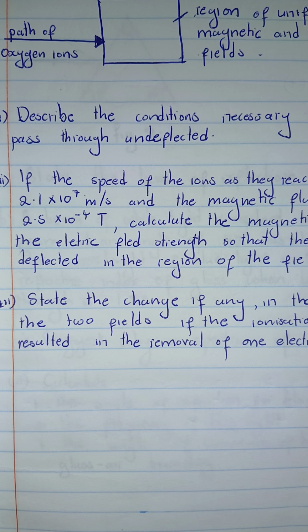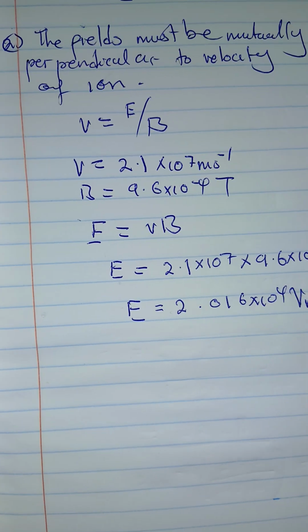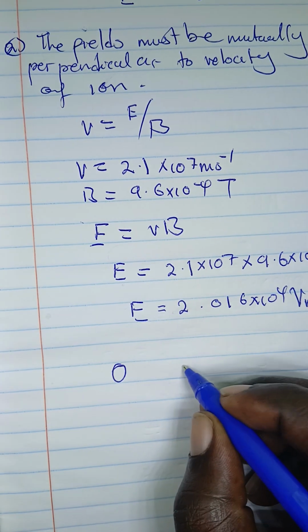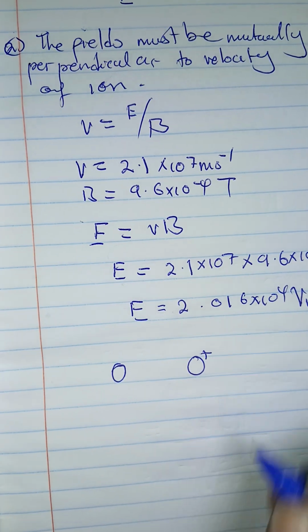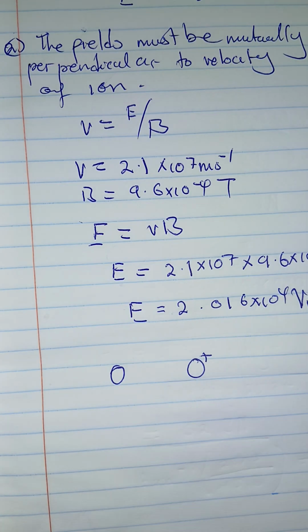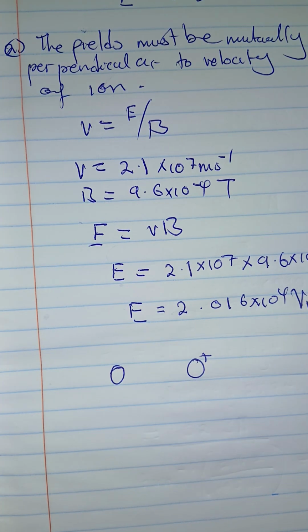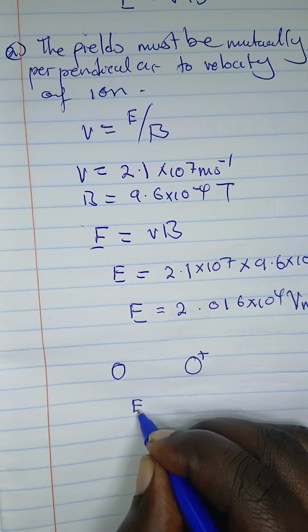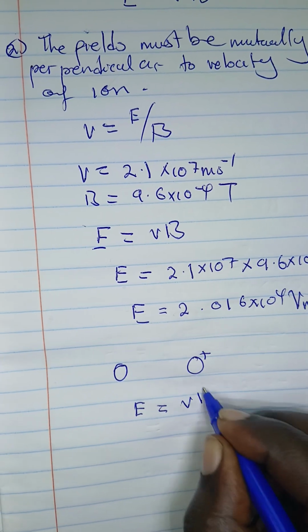So typically, in an oxygen ion, when an electron is removed, it becomes O plus. So the charge increases, because the electron has been removed. But remember, our equation E is equal to vB.